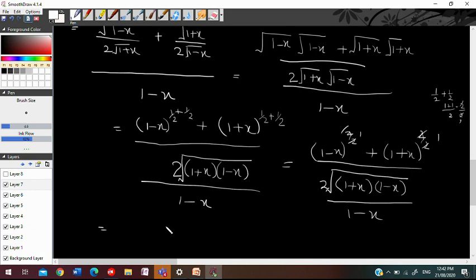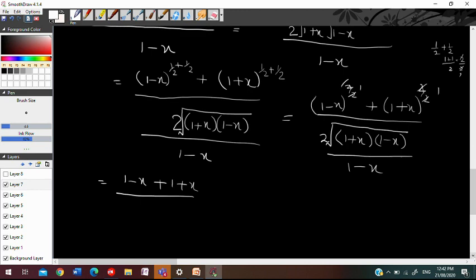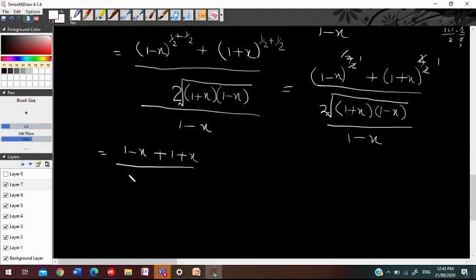And then 1 minus x plus 1 plus x divided by 2 into under root 1 plus x under root 1 minus x, 1 minus x. We simplified this whole part, and then this x is cancelled with this.